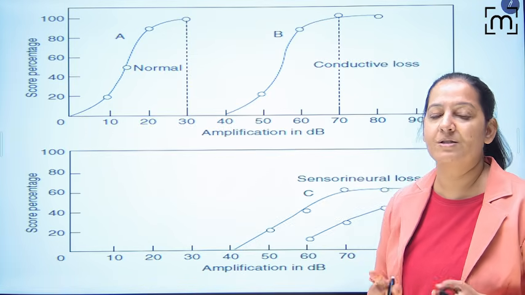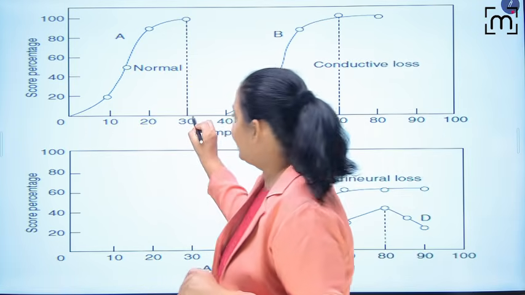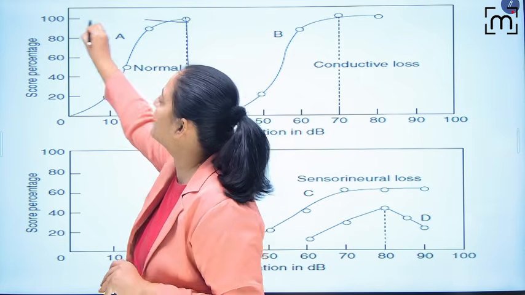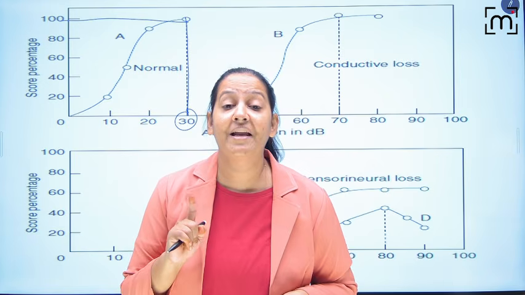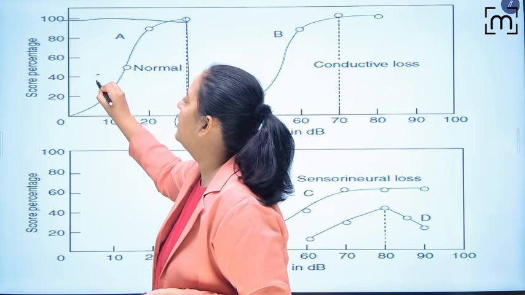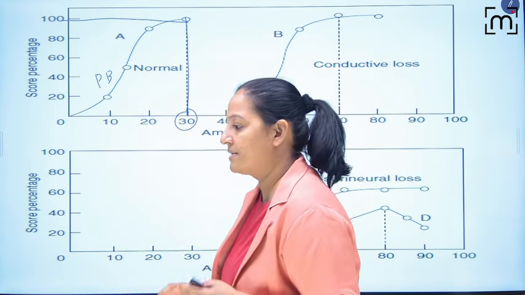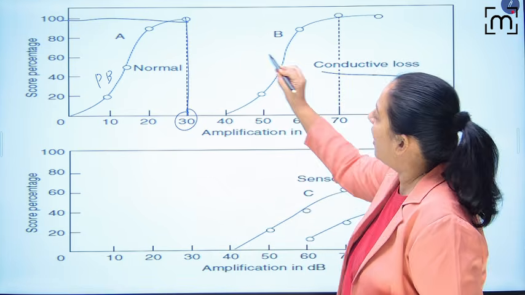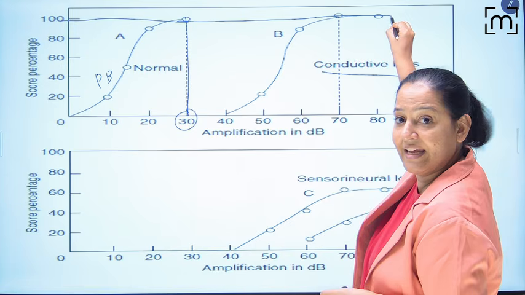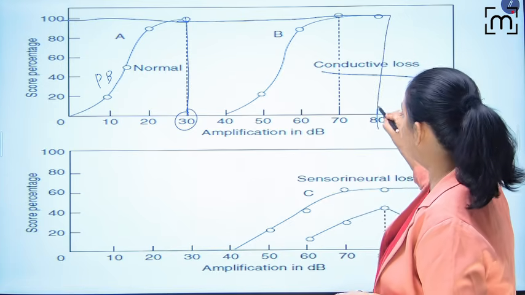You're getting my point? So normally at 30 decibel only, the score is 100%. 100% of words are repeated correctly. Which words? Phonetically balanced words. It is known as the PB score. But in conductive hearing loss also, 100% of words are repeated correctly, but not at 30 decibel, it is at 80 decibel.